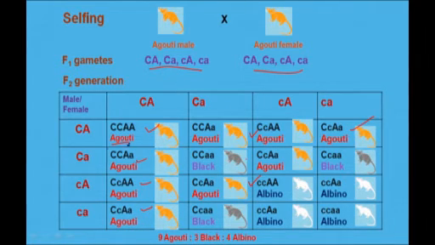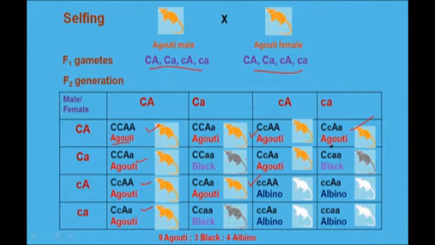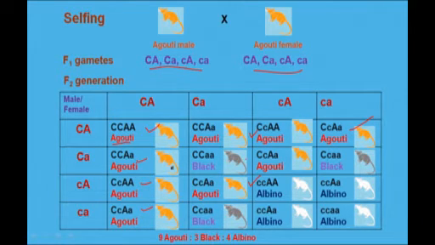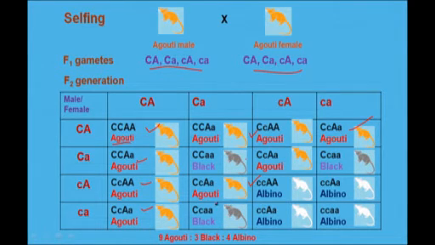So 1, 2, 3, 4, 5, 6, 7, 8 and 9. Such 9 offspring will be formed which have the combination of both dominant alleles, so they will produce agouti colored mouse.